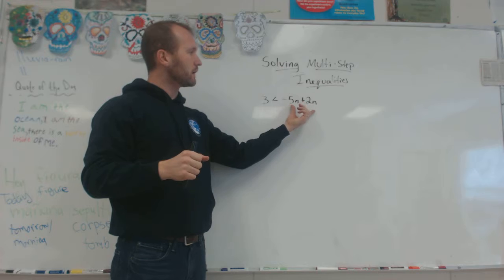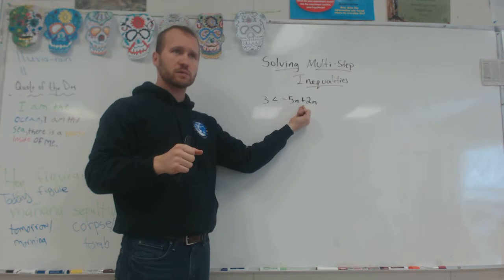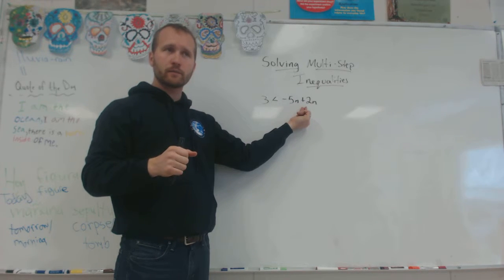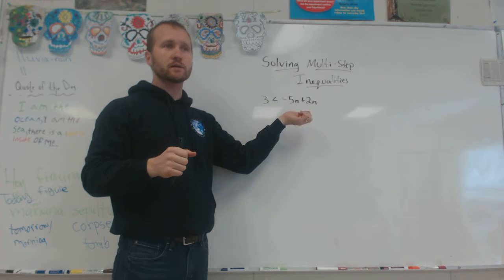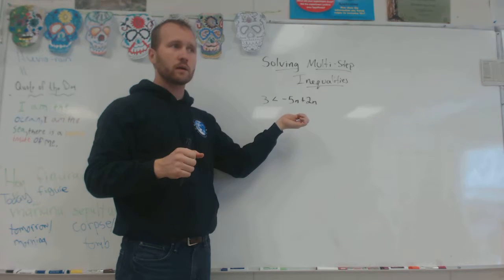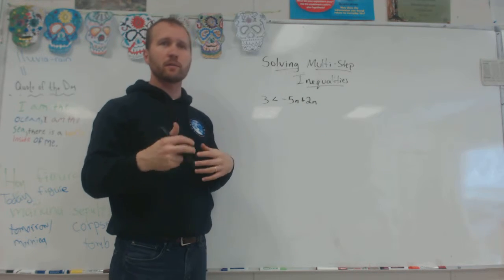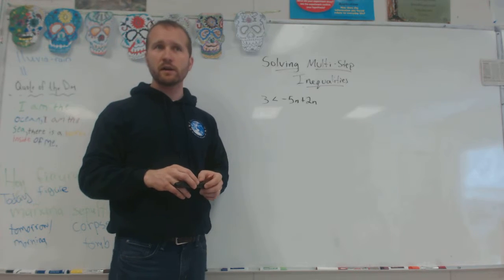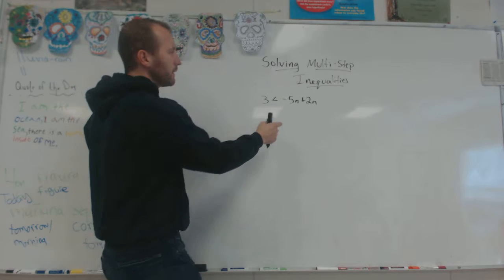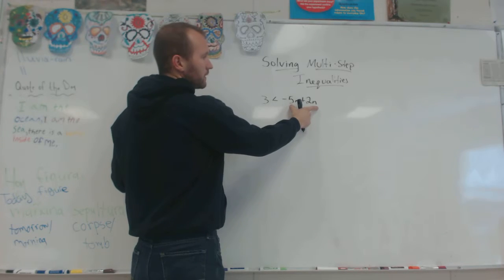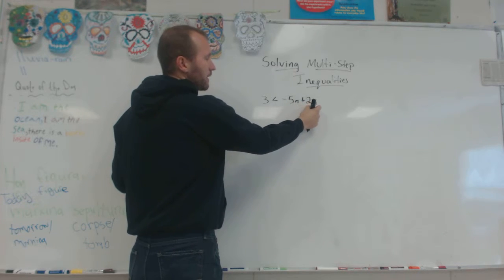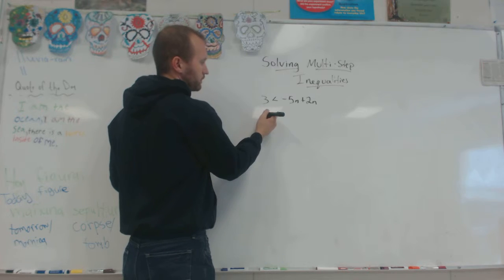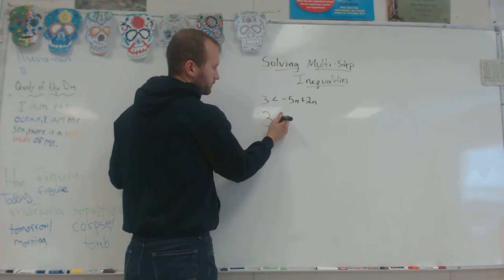All we need to do is combine these like terms. Combine our n's to get one n term. Okay. So this is going back to combining like terms. If you remember that lecture and that practice that we did, we have to combine on this side of the equation negative 5n and positive 2n.